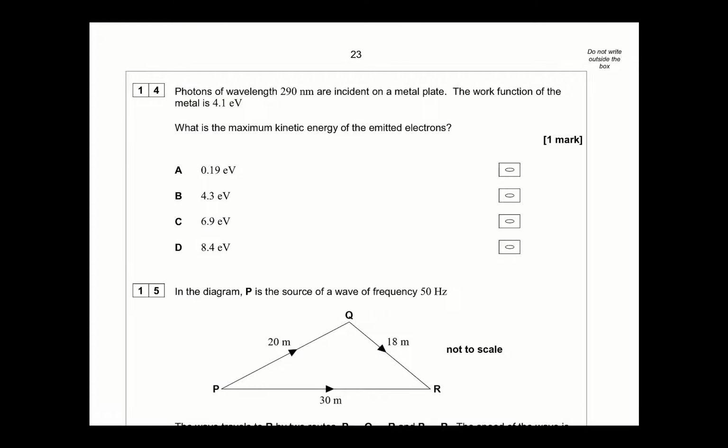Okay, so a photon of wavelength 290 nanometers is incident on a metal plate. Work function is 4.1 electron volts. What is the maximum kinetic energy of the emitted electrons? So again, E is h c over lambda, and then divide by 1.6.